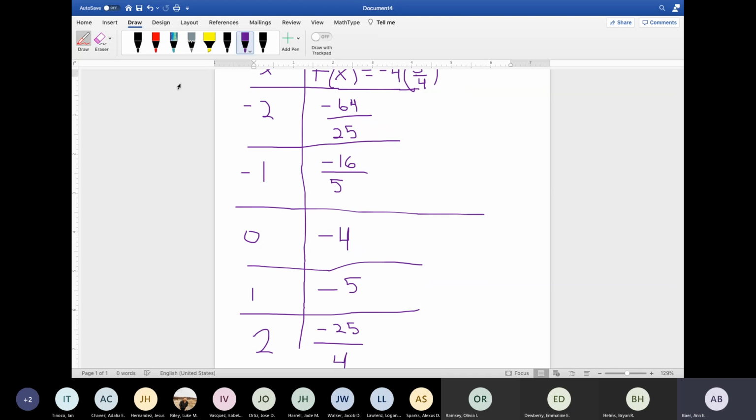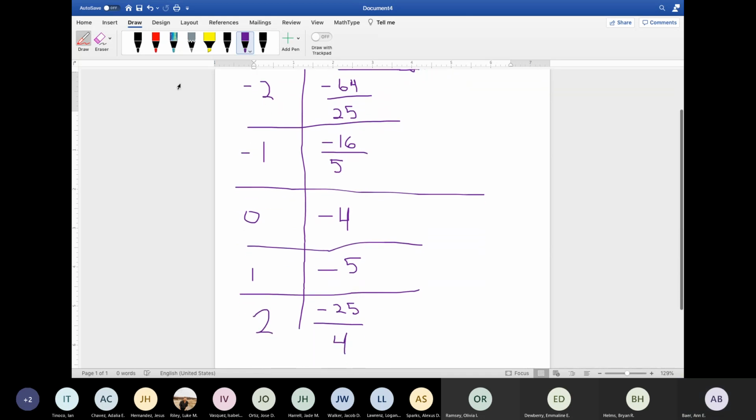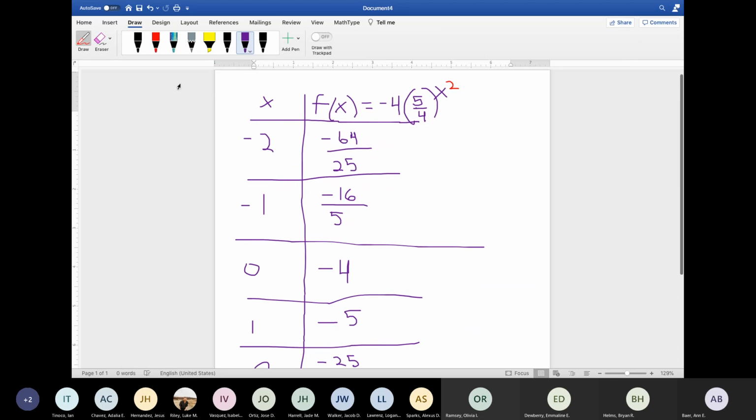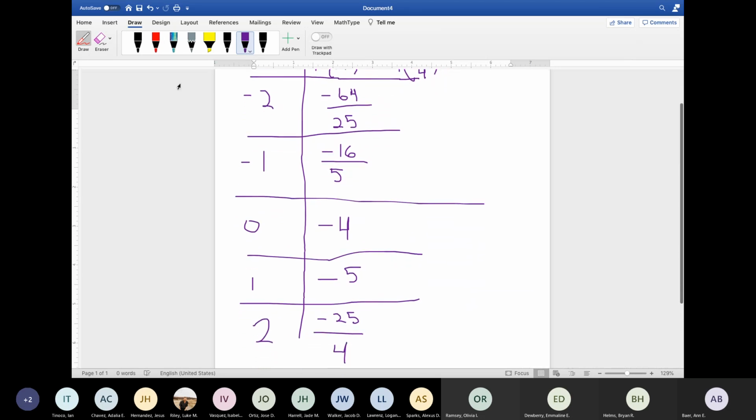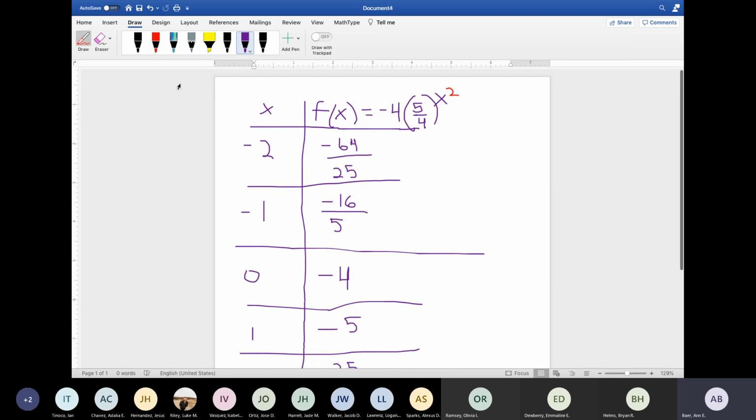Let me take a look at this for a sec. So -4 times 5/4 squared. Any questions? Anybody have any questions on this?